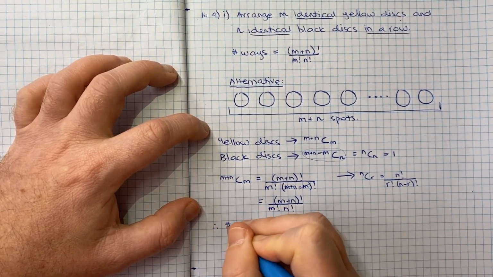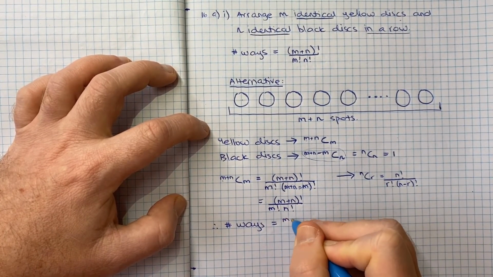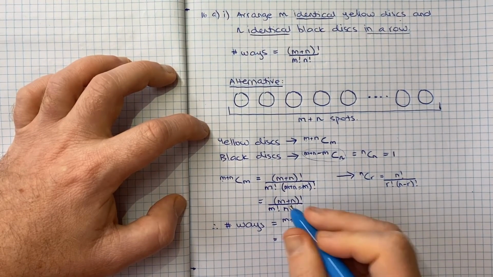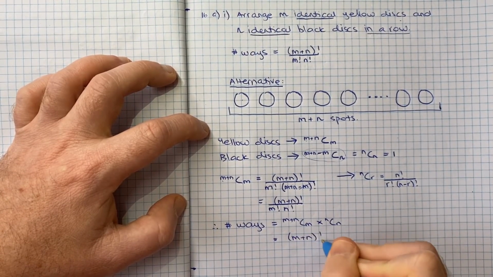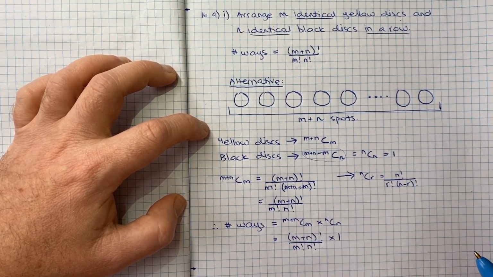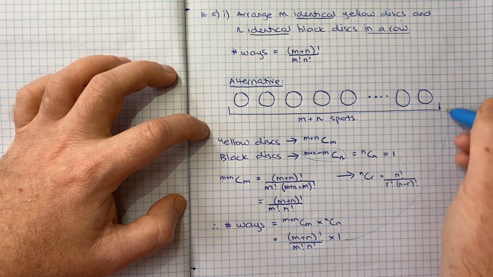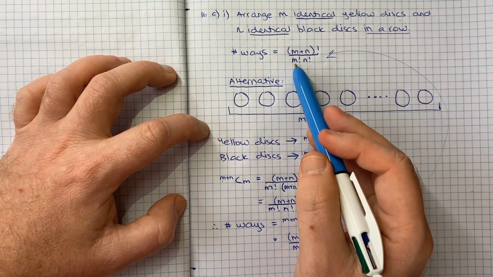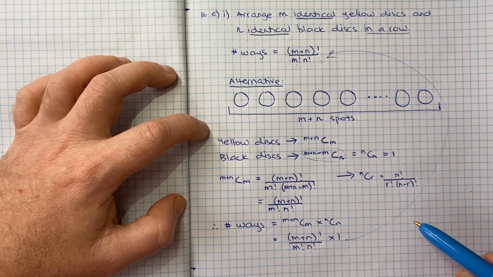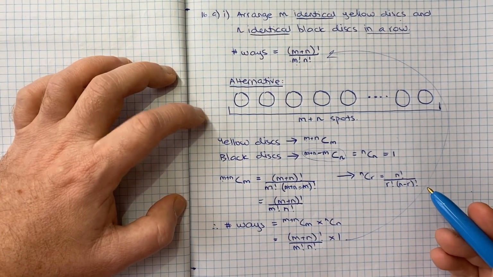Therefore, the number of ways that we get with this technique is M plus N C M times N C N, which equals M plus N factorial over M factorial N factorial, what we just worked out, times 1. And anything times 1 is just what we're dealing with. So that matches perfectly with the first approach I went through, the very direct approach. So clearly a lot more working, but if you get to the right place at the end of the day, I think that's what's most important.